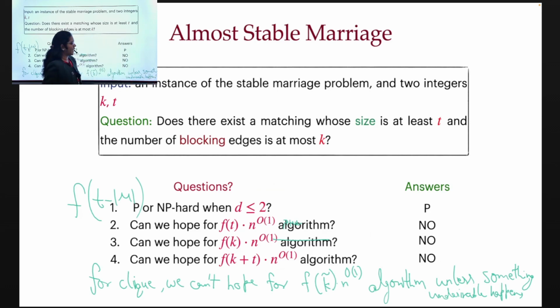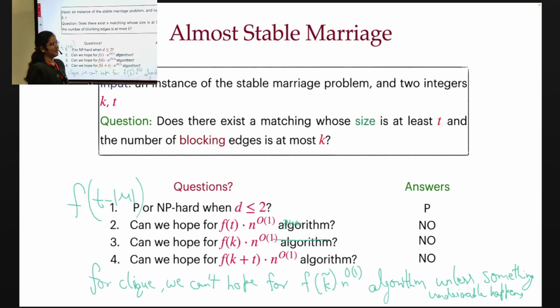Here I am not using technical language, because these are complexity classes which I am not sure you know, FPT, W1. Like P and NP, there are other complexity classes, so unless something fails, we cannot hope for such an algorithm. Whenever we have such hardness, there is some conjecture.